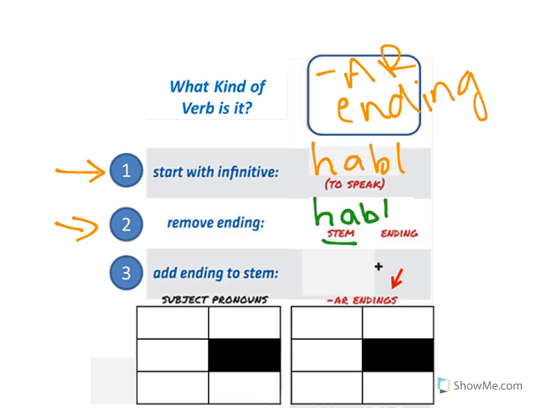But because we removed the ending, we are left with just a blank here, and we need to add something to it. And that something is called the endings. Very simple, the endings. And that leads us to step 3, the endings.